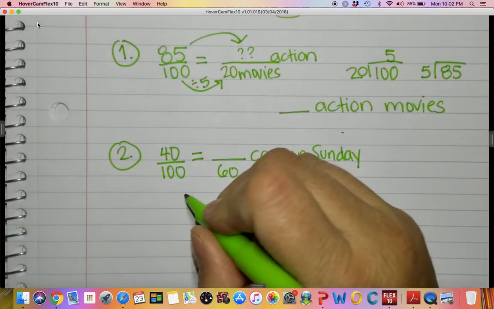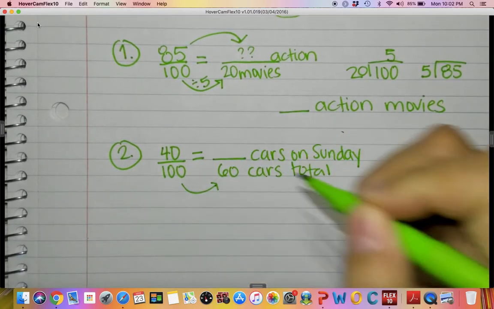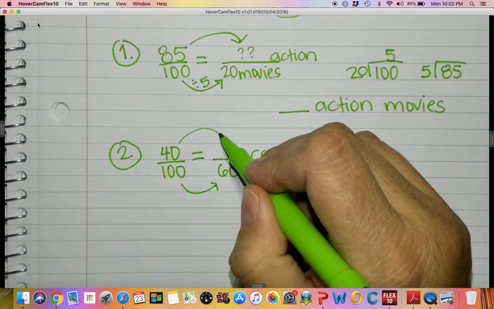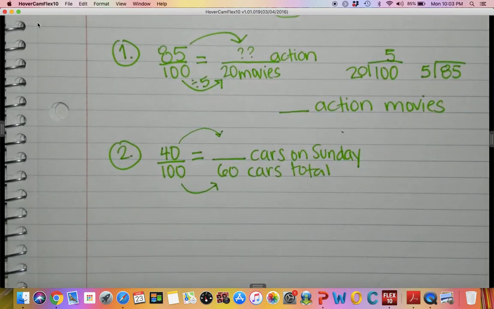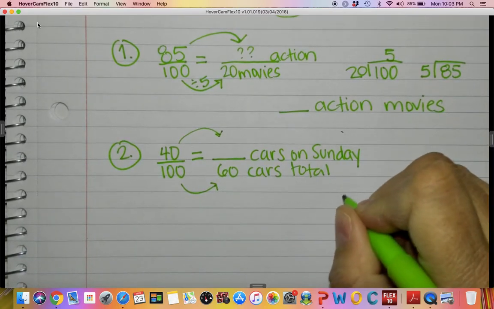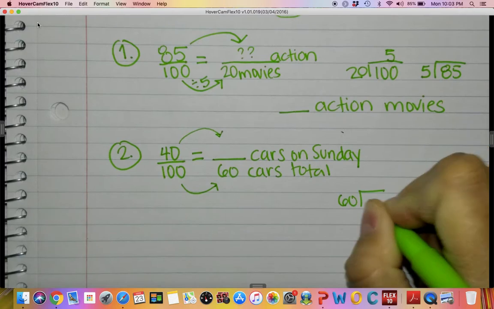So, again, what do I do to 100 to get 60? What do I do to 40 to get how many cars on Sunday? I know that 60 is smaller, so I'm going to have to divide 60 into 100.